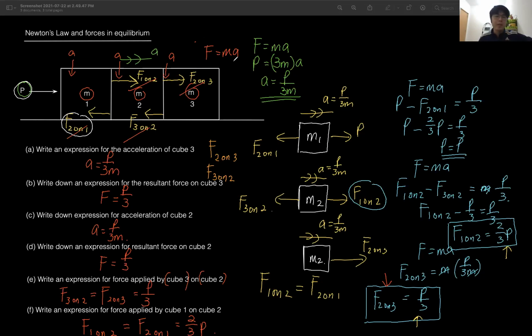The net effect would be 0. But if you look at one individual object, then you have to take into account that contact force. Okay, so this is an example on finding the contact force between objects. If you want to take a screenshot, you can take it down and I will erase this and I will go to the next section.